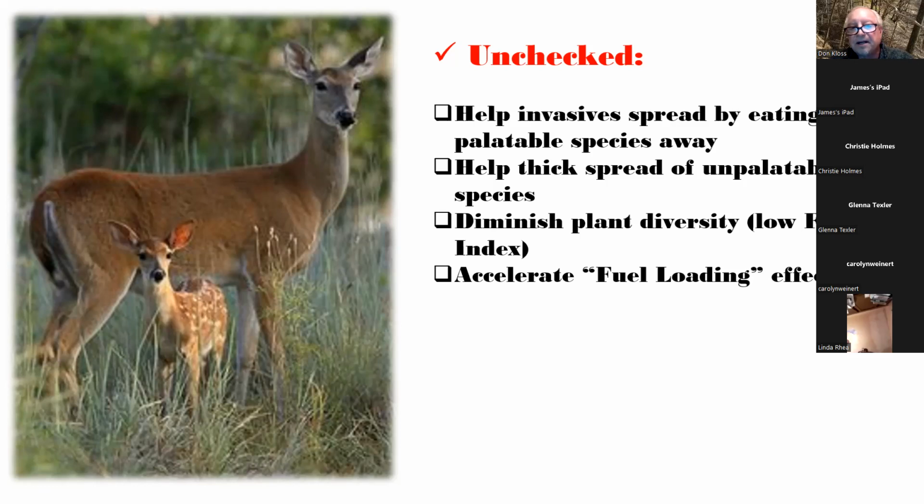And doing that, either one of those things diminishes the plant diversity, which causes that low floristic quality index that we talked about in part 1. And it's unhealthy for the forest floor.